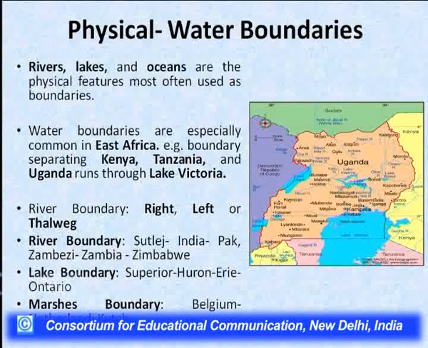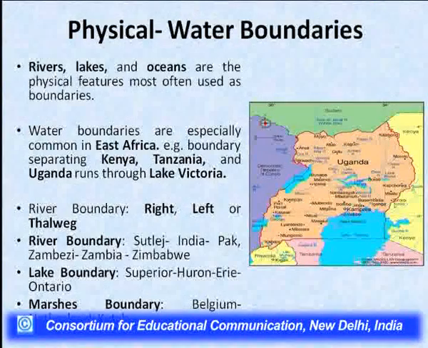So there is always dispute because the river changes its course over time. In fact, river boundaries are like the Satluj River, which is a boundary line between India and Pakistan, and the Zambezi River, which is the boundary line between Zambia and Zimbabwe.